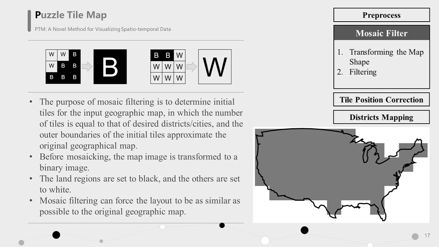In the tiles, if the number of black pixels is more than that of white pixels, then this tile is set to black, and vice versa. The initial tiles generated using the mosaic filter force the layout to be as similar as possible to the original geography map.